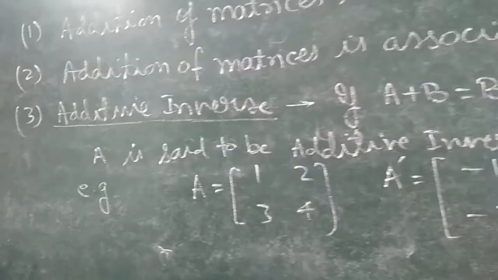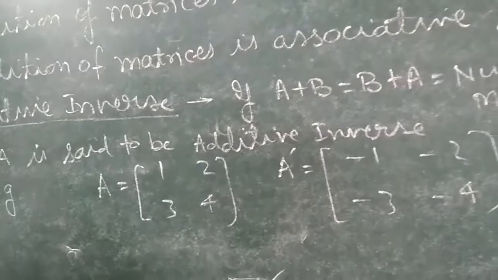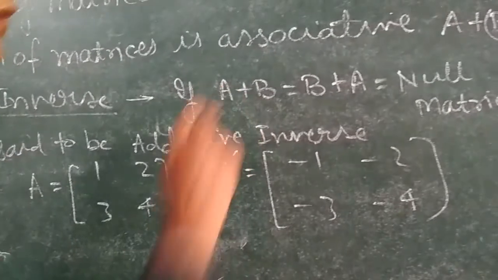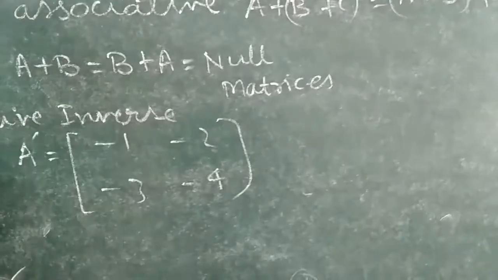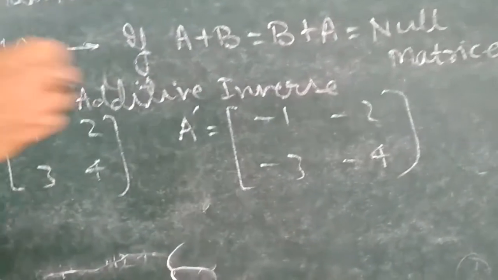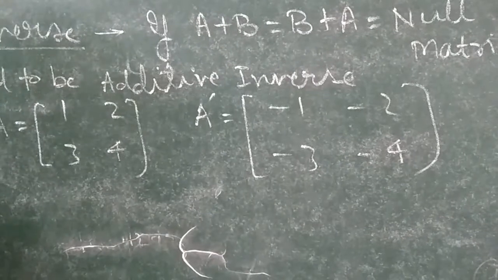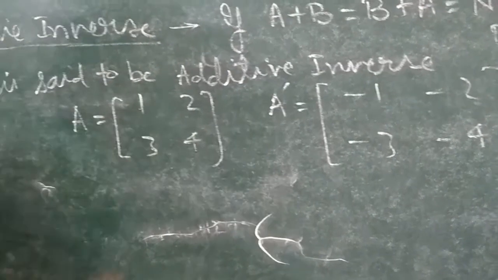Now, one more important property is the additive inverse. How can we understand the additive inverse? Suppose you have two matrices, A and B. If you add them and get the answer 0, the null matrix, then A is said to be the additive inverse of B. Suppose A equals 1, 2, 3, 4.